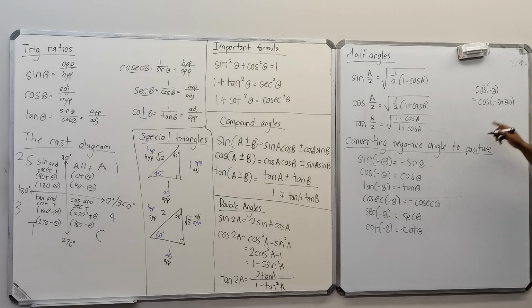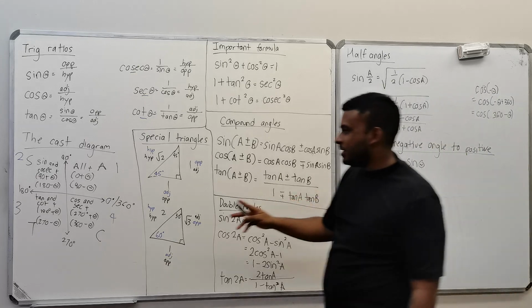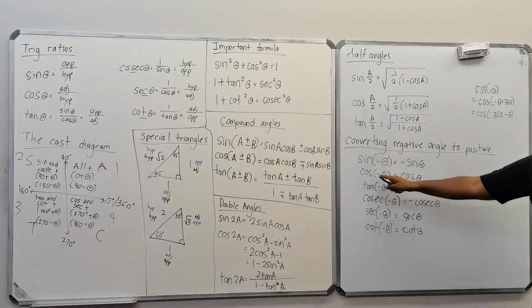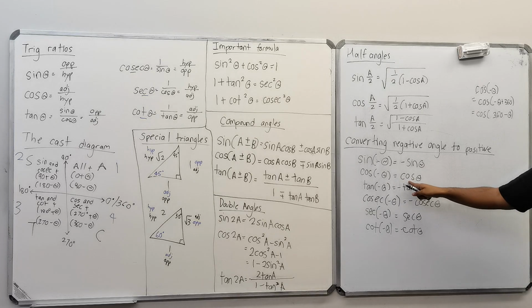If I just rearrange this, it's the same as saying cos of 360 minus the angle. Same thing. And 360 minus the angle is in the fourth quadrant, where cos is positive. That's how cos of a negative angle is cos theta.